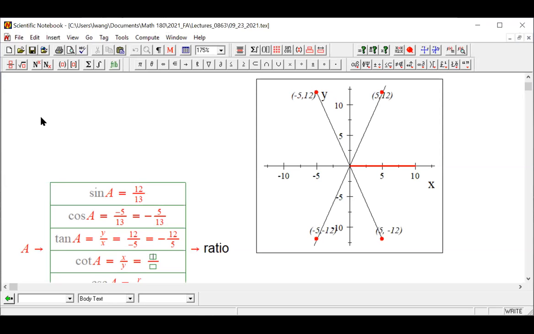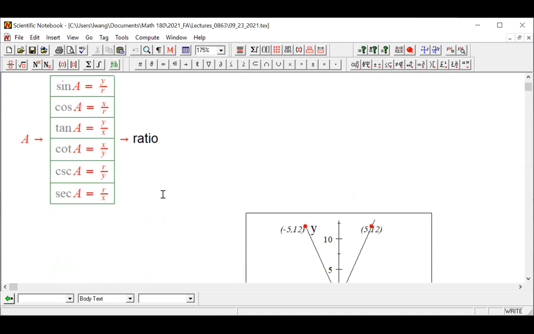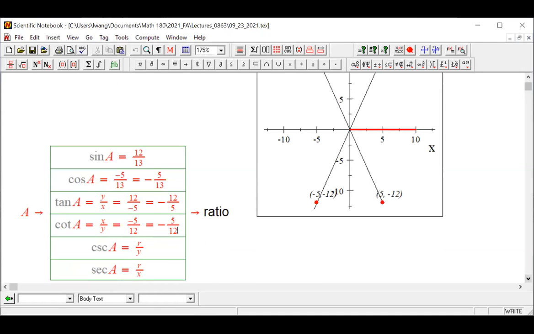X over y. What is x over y? I got -5 over 12. Wonderful. And then you just write it in the standard form, -5 over 12, right? And last but not least, the last two. What is it? I got 13 over 12.